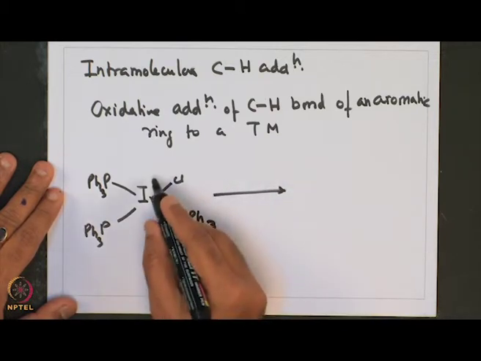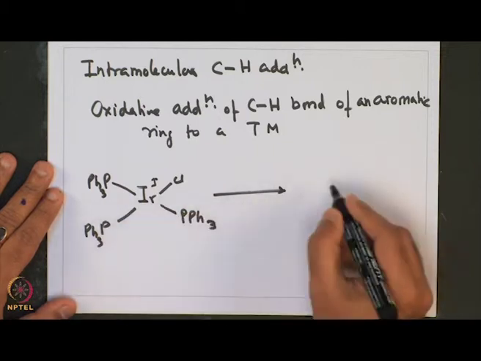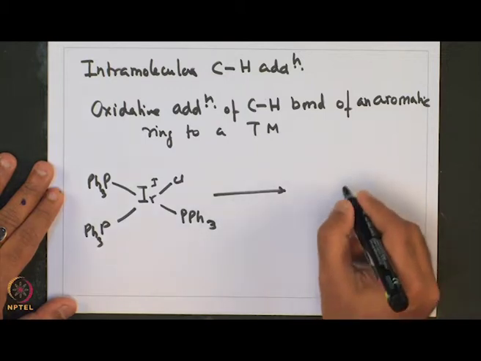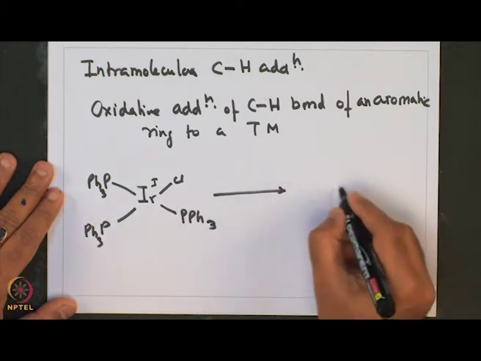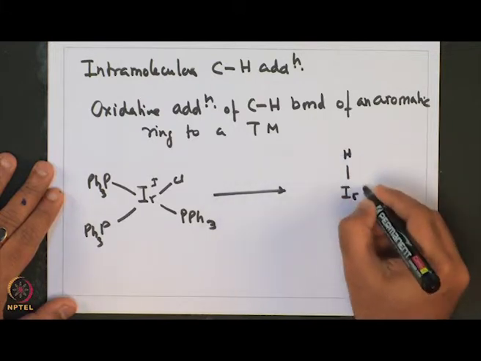So, iridium 1 complex, chlorine and 3 phosphane iridium, undergoes intramolecular CH activation to give the following iridium 3 complex.